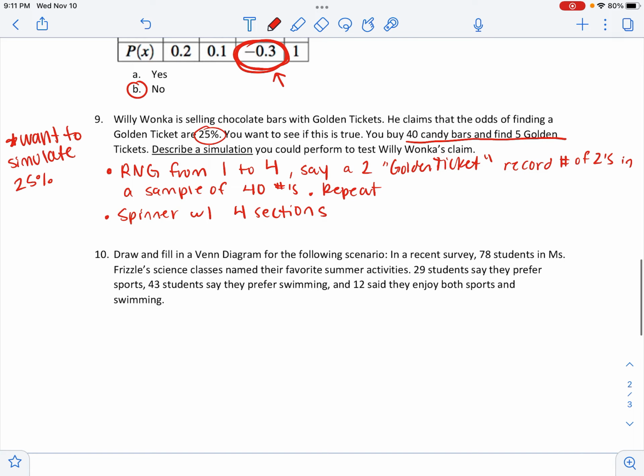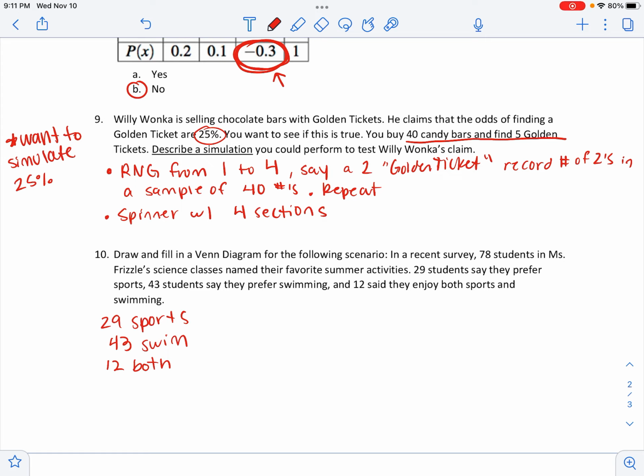All right, number 10, draw and fill in a Venn diagram for the following. There are 78 students in Miss Frizzle's science class, and they named their favorite summer activities. 29 like sports. 43 like swimming. And there were 12 students who had selected both sports and swimming.